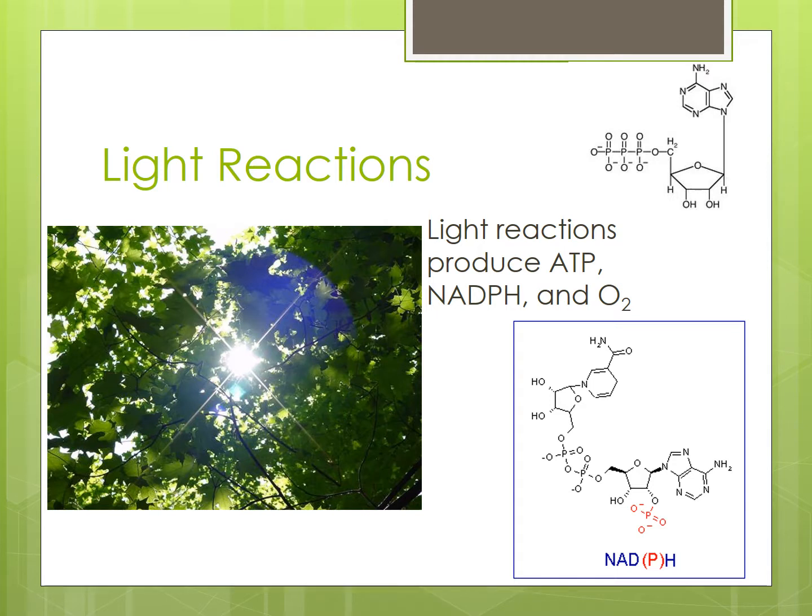Inside the chloroplast, you've got these little disc-like structures. Those disc-like structures are called thylakoids. Now, these disc-like structures all have a membrane. What's that membrane made of? It's what all membranes are made of in the cell.